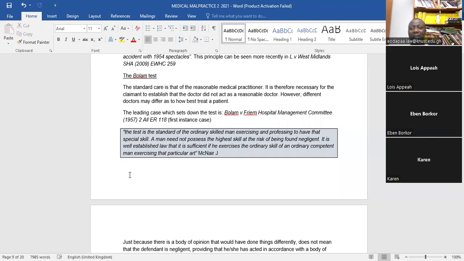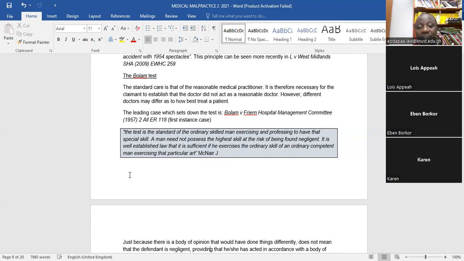However, in 1957, in a case that you all know very well, the case of Bolam against Friern Hospital Management Committee, Justice McNair gave a very interesting direction to the jury, which was doing the trial.